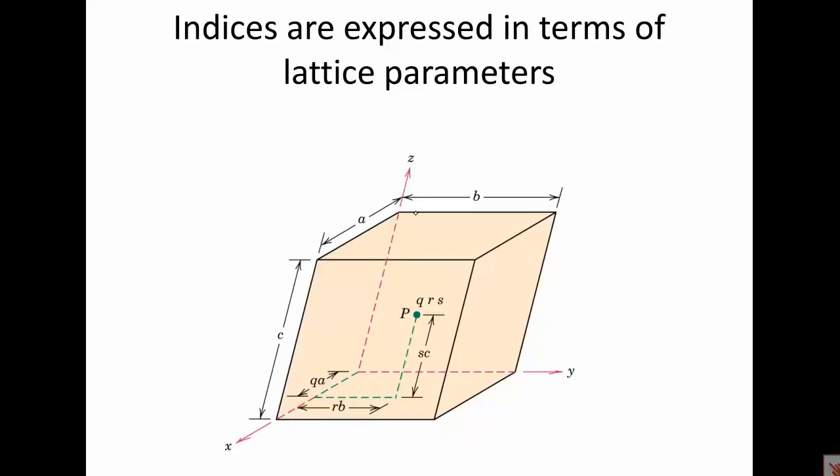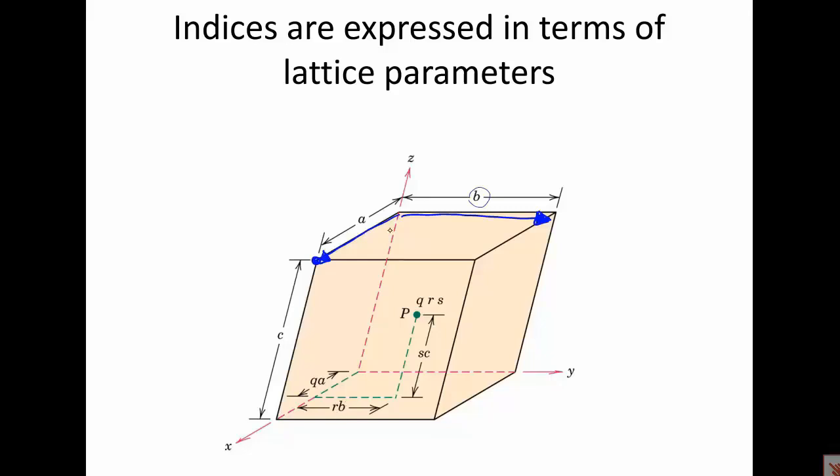Each axis will have a unit associated with it, a vector that is the size of the lattice parameter in each direction. So if I go one step in the x direction, that will mean traversing distance equal to one lattice parameter in the x direction. If I go one step in the y direction, I will make a displacement equal to the size of the lattice parameter in the y direction, in this case labeled b.